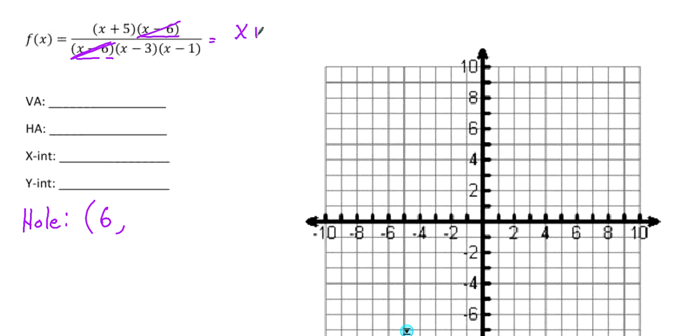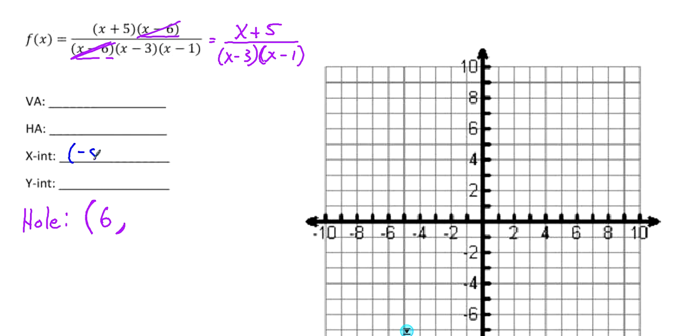So the real function I'm going to be graphing is this one without those two factors, and that's where I'm going to get all of my information. But I had to write this down here, this hole, so that I know where my hole is. Okay? And now we just find the rest of our information like normal.